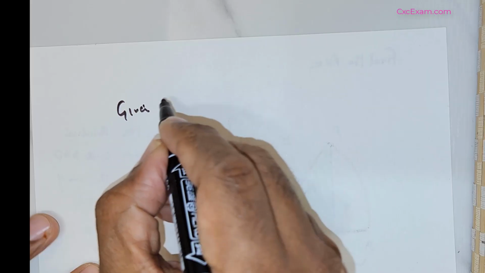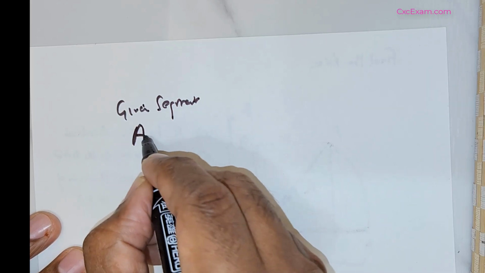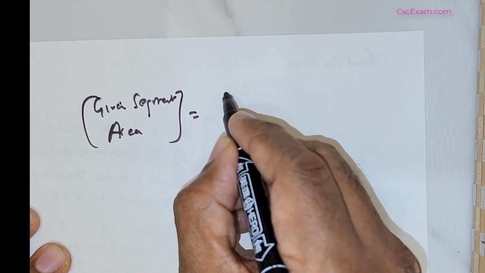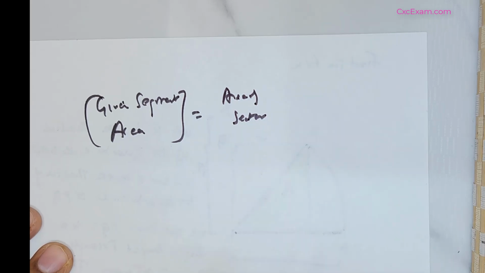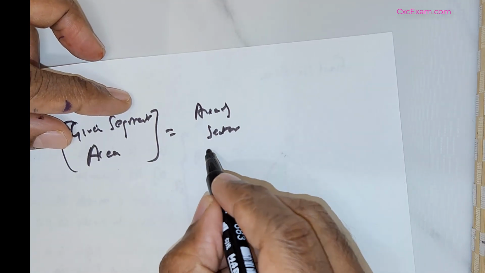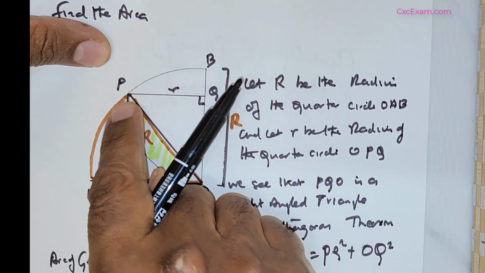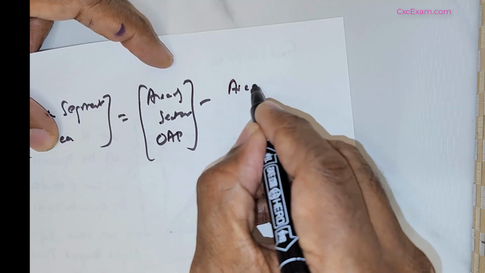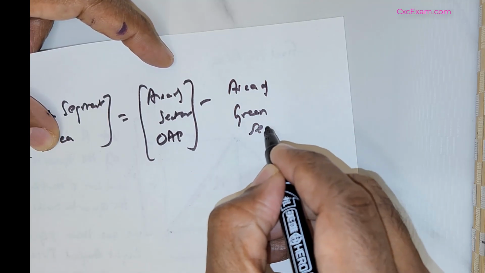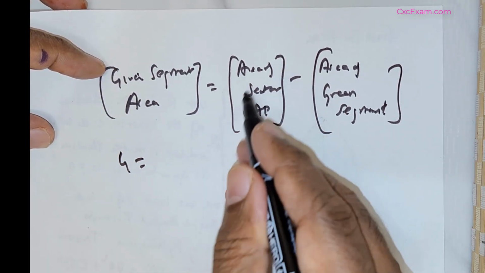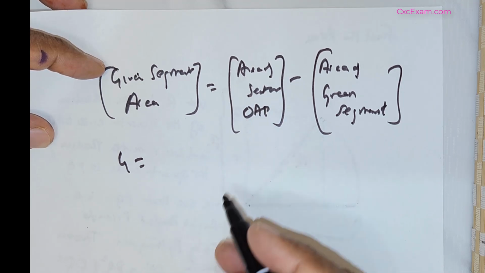To get the given segment area, we take the area of the sector OAP, and we take away the green region, the green segment. This area is given as 4, minus the area of the green segment.